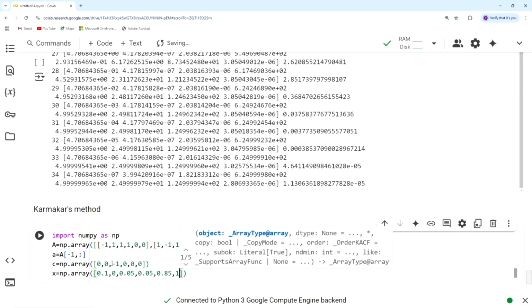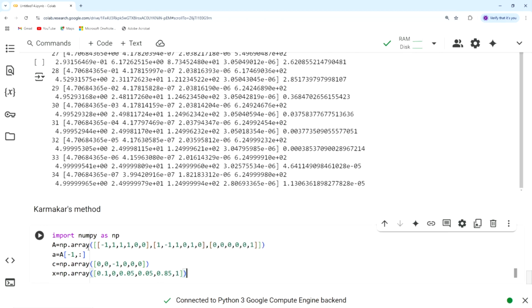So keep that in mind. x5 is 1. When I write x1 minus x2 greater than or equal to 0, the remaining is 0.05. That is the reason you need Ax equal to 0 for the first two rows. You can see that it is minus 0.1 plus 0.05 plus 0.05, that is 0. Now, here you have 0.1 plus 0.05 is 0.15.